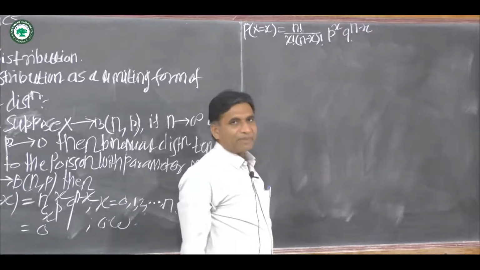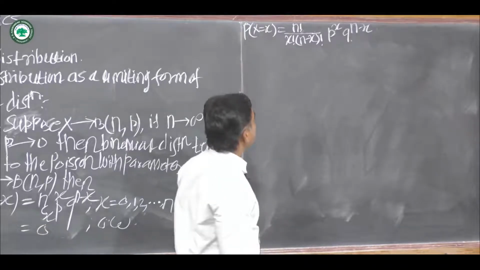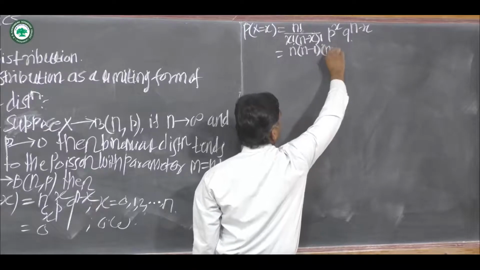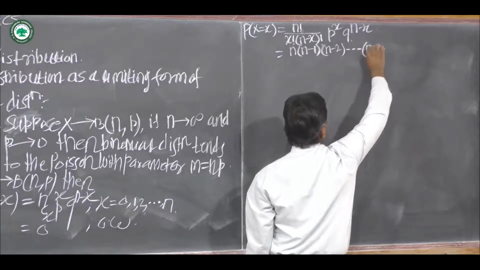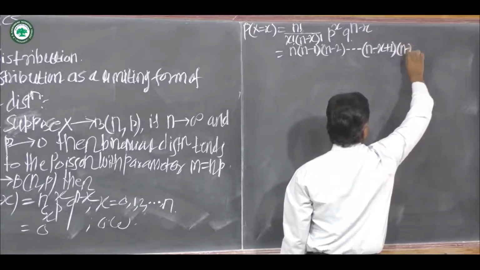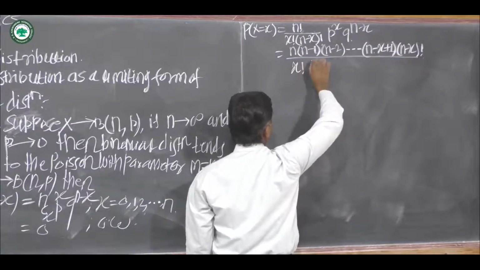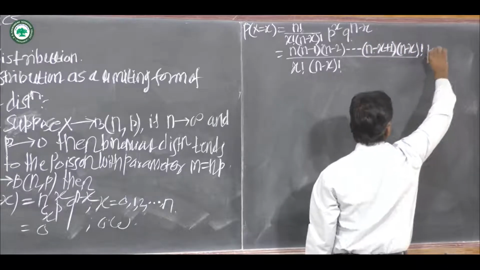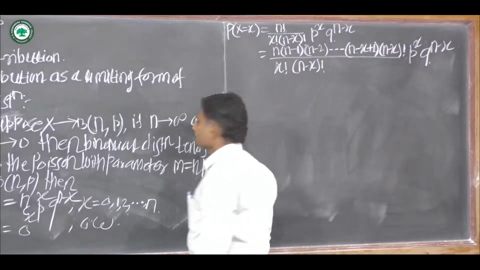Now to cancel the (n minus x) factorial, the n factorial can be written as n into (n minus 1) into (n minus 2) and so on up to (n minus x plus 1) into (n minus x) factorial, this whole divided by x factorial into (n minus x) factorial into p raised to x into q raised to n minus x.